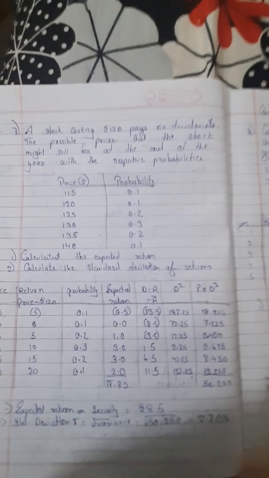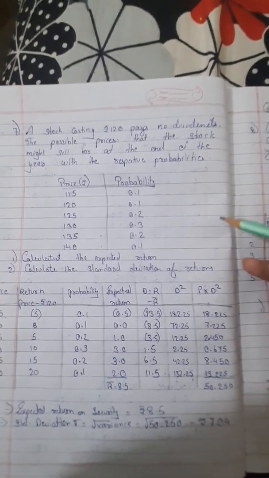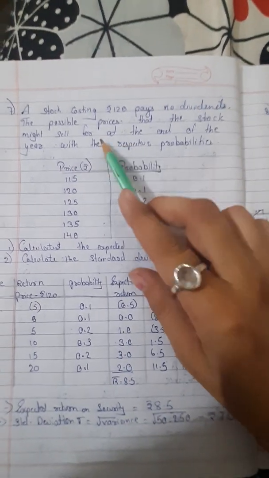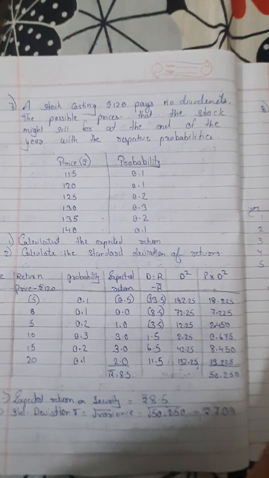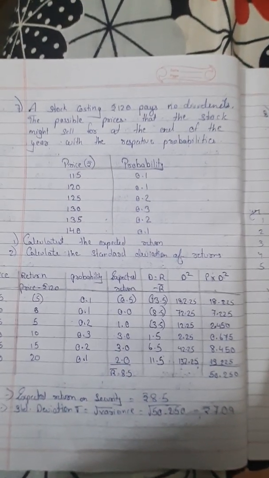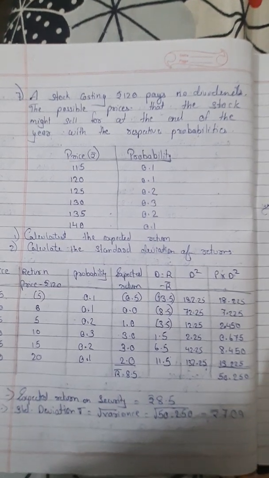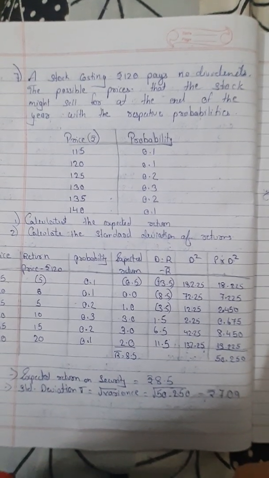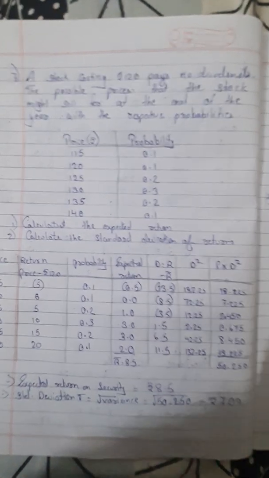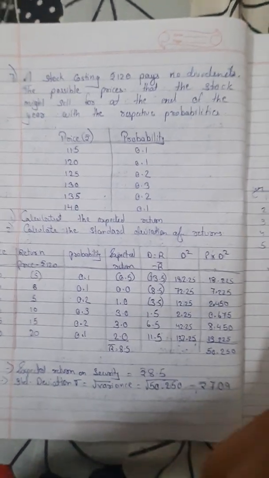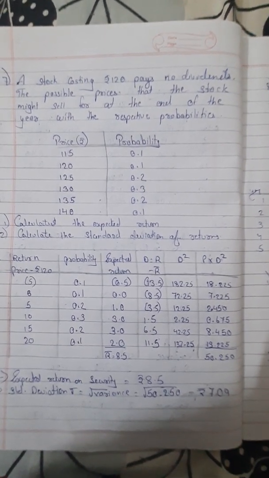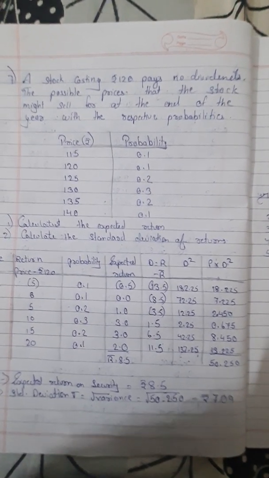Second question is of expected return and standard deviation. Question is, a stock costing rupees 120 pays no dividends. The possible prices that the stock might sell for at the end of the year, with the respective probabilities, are given.